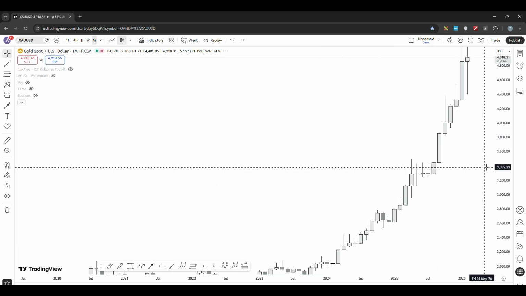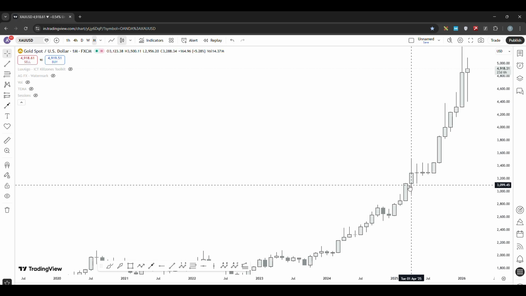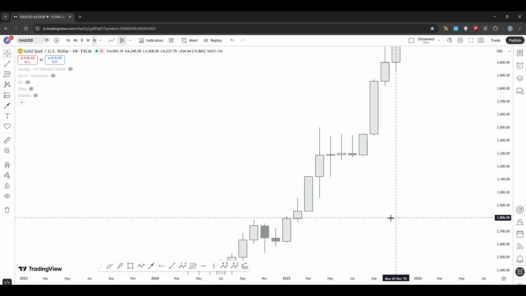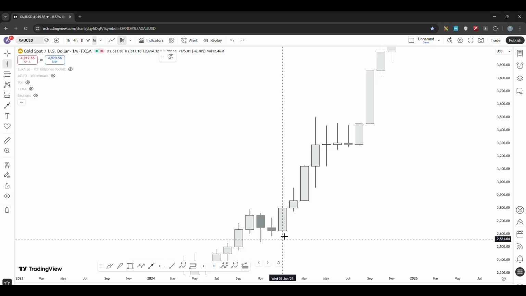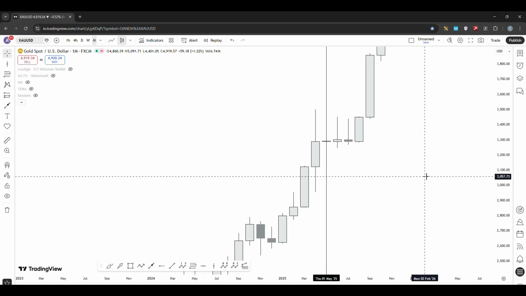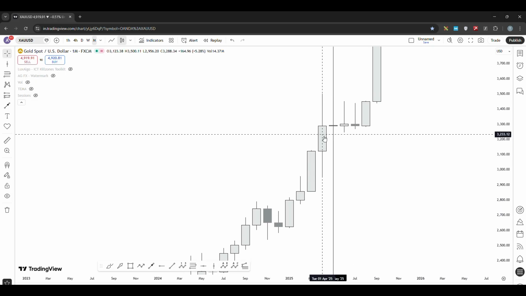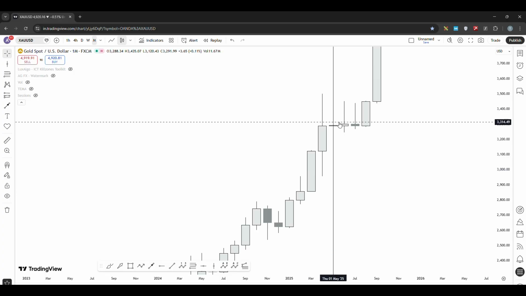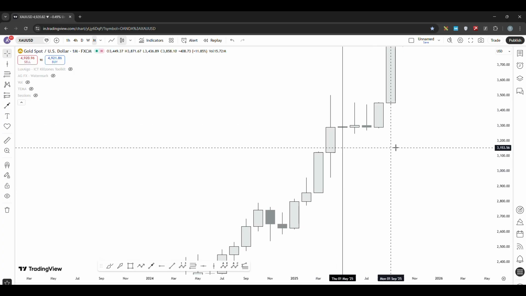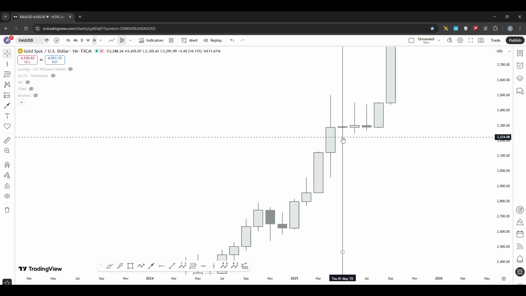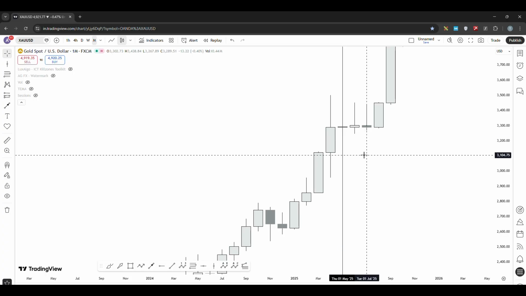Okay, so in the monthly, let's say we are over here, and the market just printed this candle, and we don't know what's going to happen next. So how do we find the bias of the market? How do we find where gold wants to go next? Now watch this very carefully.